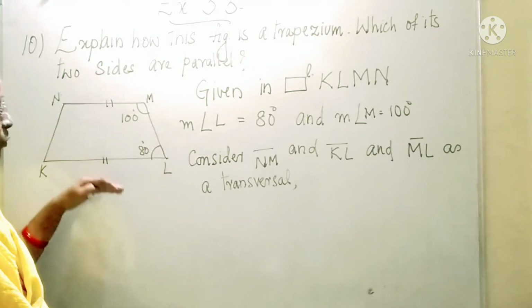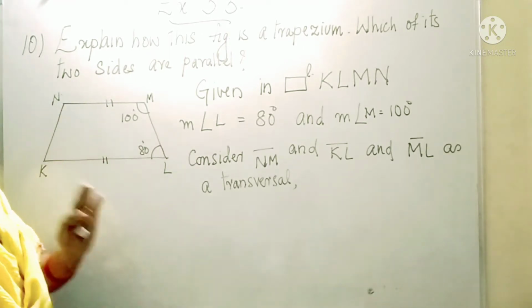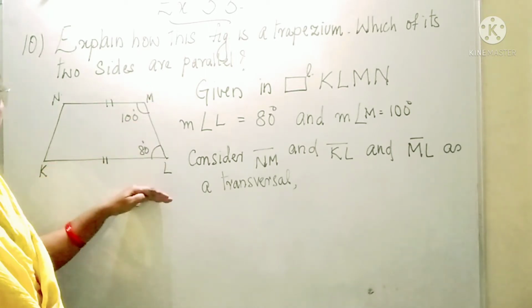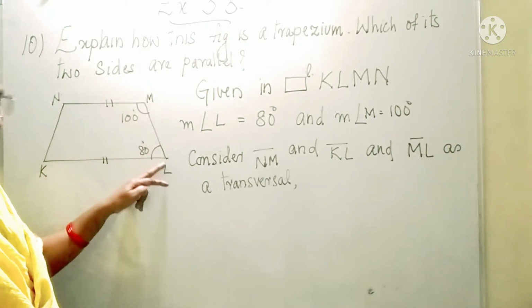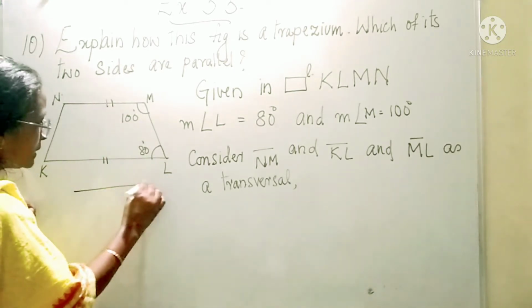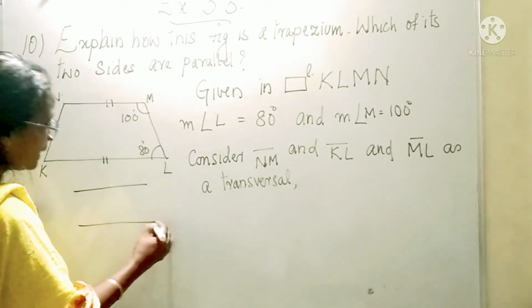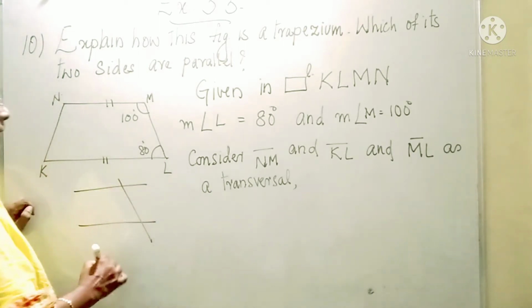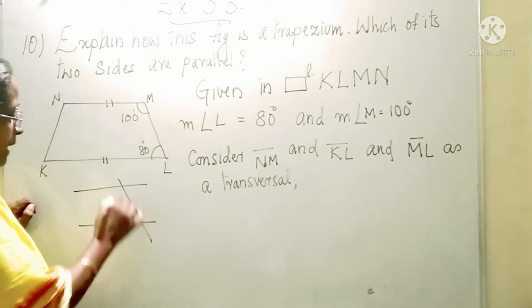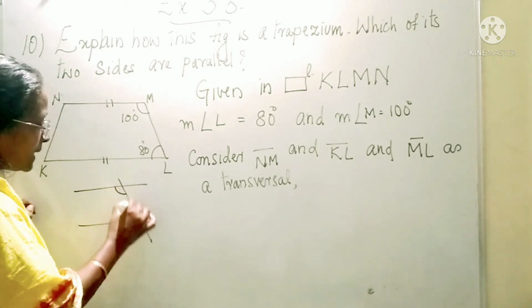We consider these two sides as two lines, and this is a transversal cutting both of them at different points. If this is one line, this is another line, and this line is cutting them, what is this line called? It is called a transversal. So what type of angles are these?